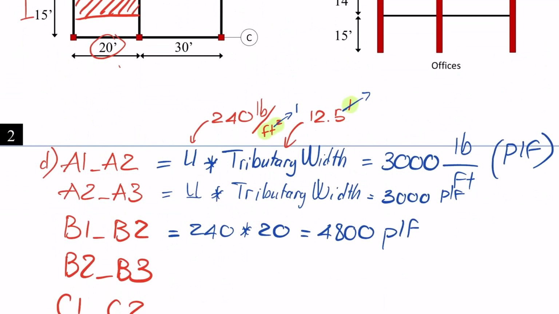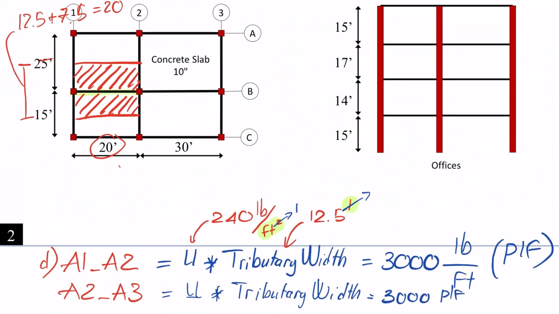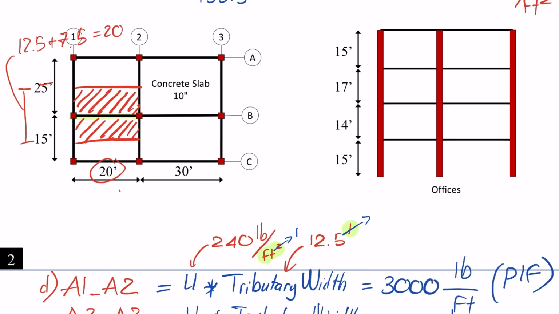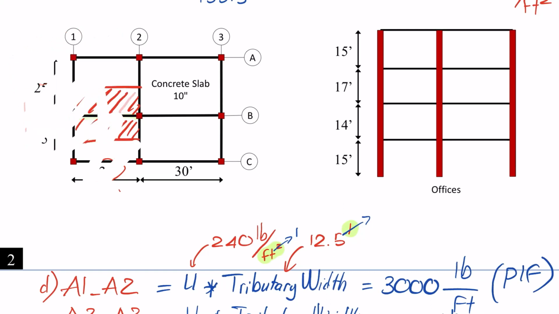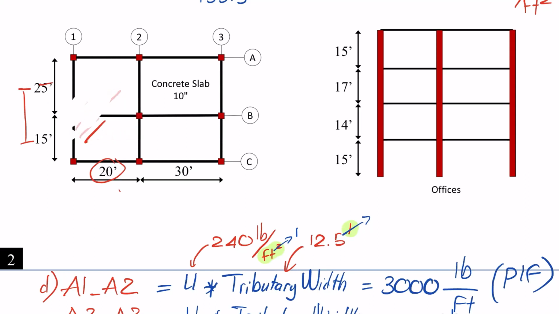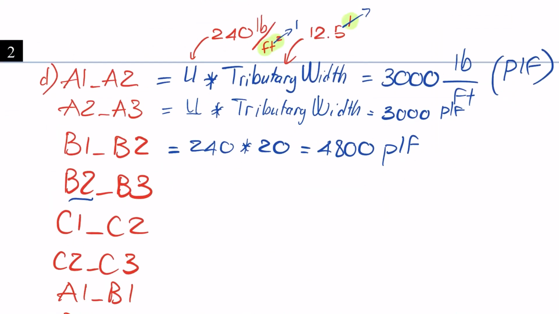Similar like that, B2, B3. If you calculate for B2, B3, this beam over here, right? So a half of this one, and a half of this one, and the tributary width is just the same, 20. So this one we have the same value, that will be 4800 PLF, right?